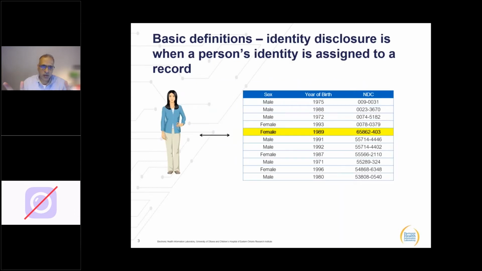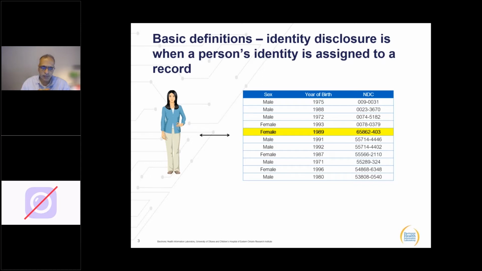So let me start with some very basic definitions to make sure that we're all on the same page and we have the same baseline when we start talking about identifiability and re-identification risk. So imagine that we have a simple data set here that we want to share, and the data set has 3 variables: the sex, the year of birth, and a drug code.